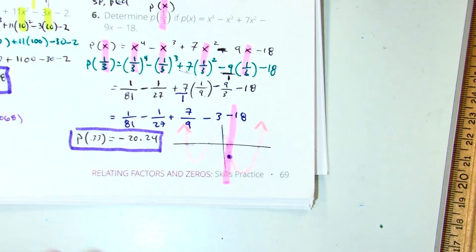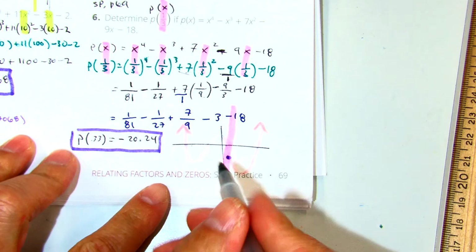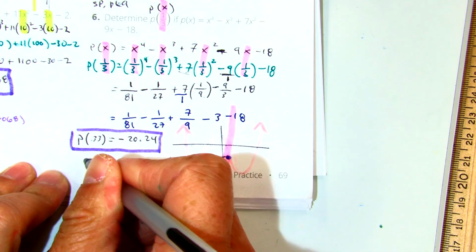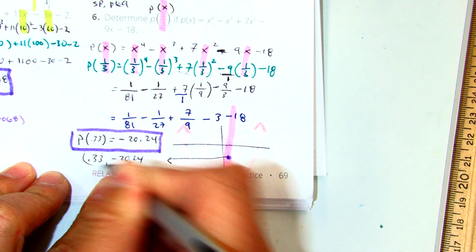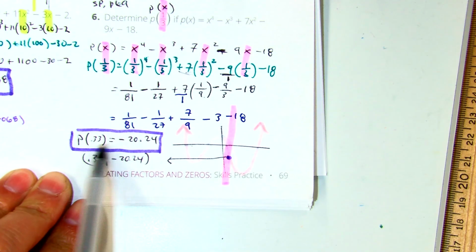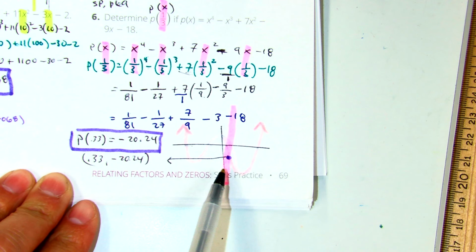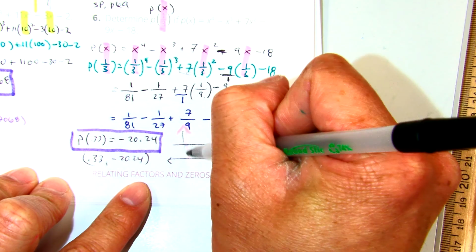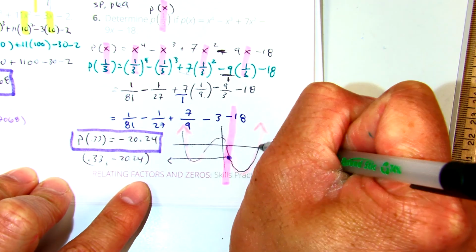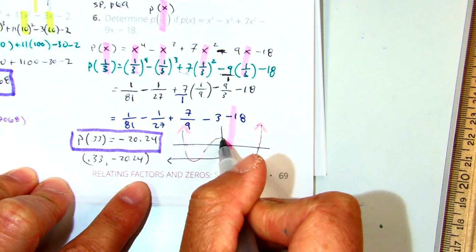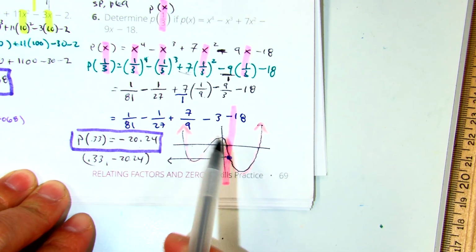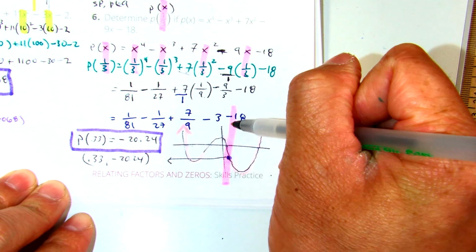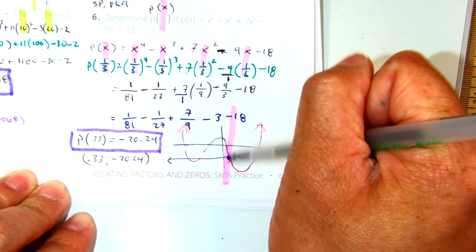So this represents the ordered pair, 0.33, comma, negative 20.24. That's what this function notation represents. It's an ordered pair, and there it is on our graph. Today's lesson, we're going to see if this is actually going to hit exactly on the x-axis. So that pink line is just to help you focus where the graph intersects at 0.33.